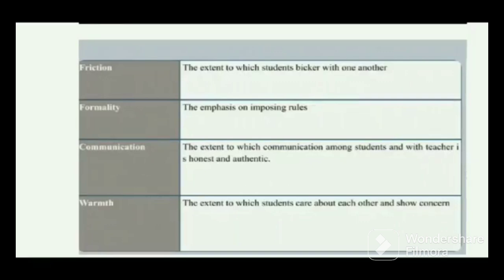Formality. Description: the emphasis on imposing roles. 8. Communication. Description: the extent to which communication among students and with the teacher is honest and authentic. Last one, warmth. Description: the extent to which students care about each other and show concern.